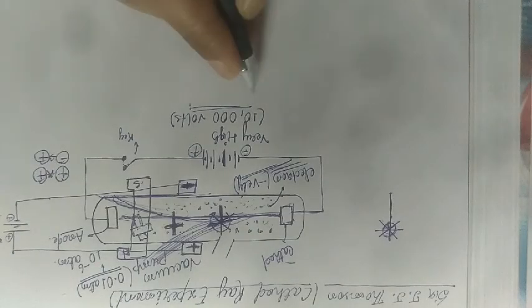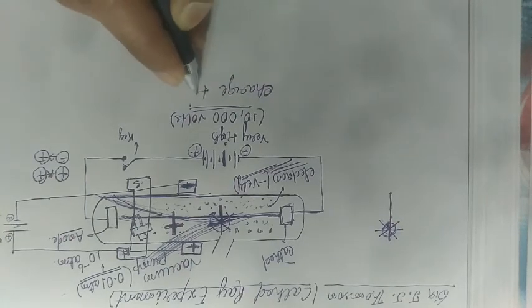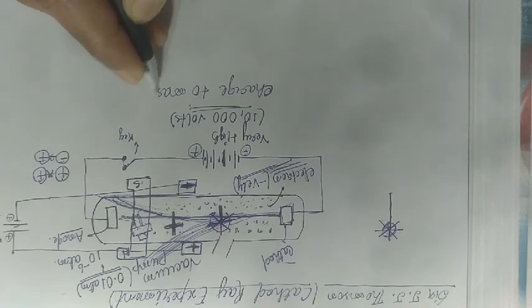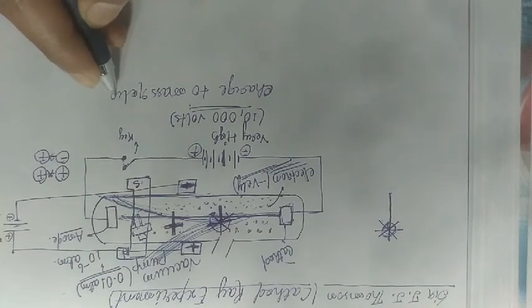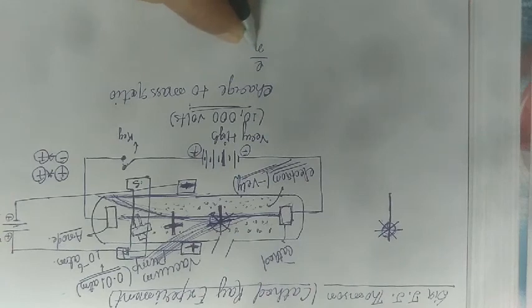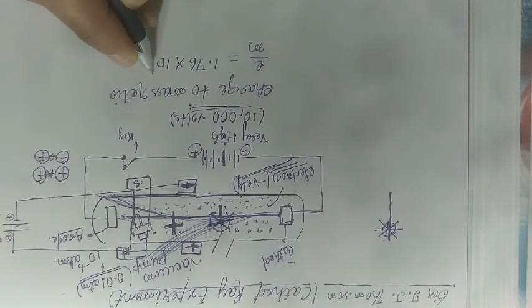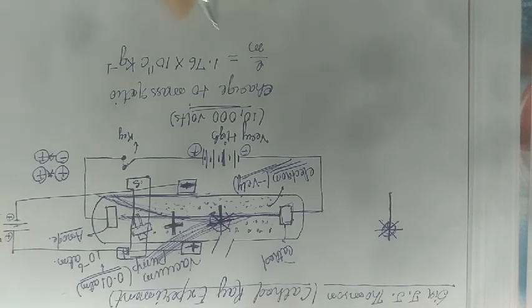What he found out is the charge to mass ratio, which we denote by e by m, will be 1.76 into 10 to the power 11 coulomb per kg.